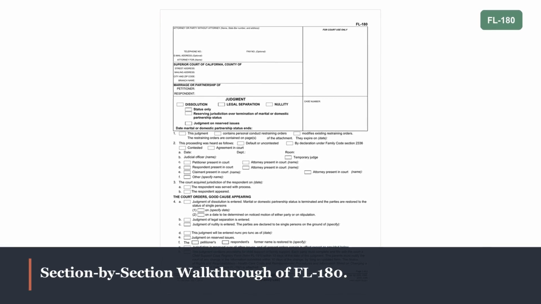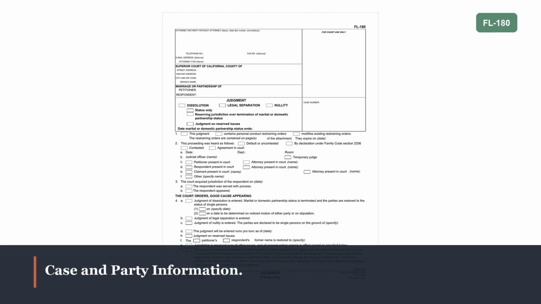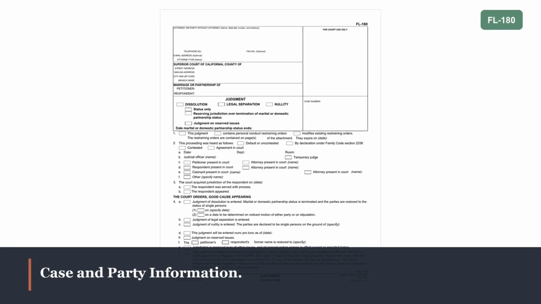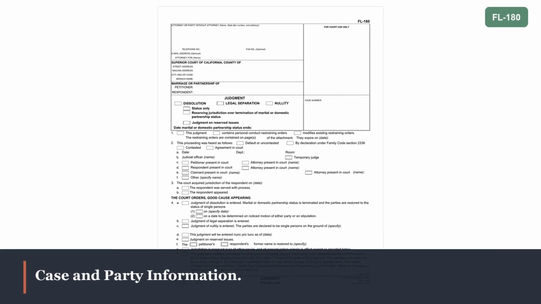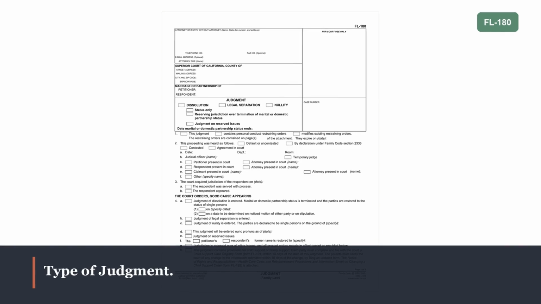Section-by-section walkthrough of FL-180. Here is what the form actually asks for. Case and party information. At the top, you'll enter the county, case number, and the full legal names of the petitioner and respondent, exactly as they appear on the rest of your case file. Consistency with your petition and response matters here more than almost anywhere else in the process. Type of judgment.